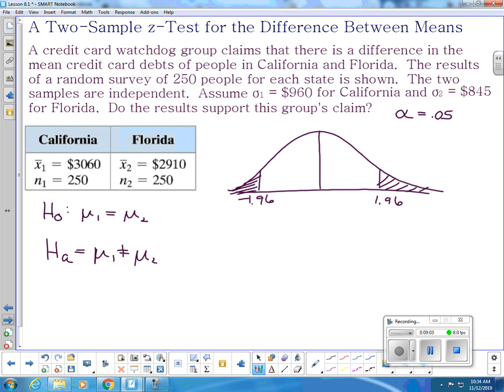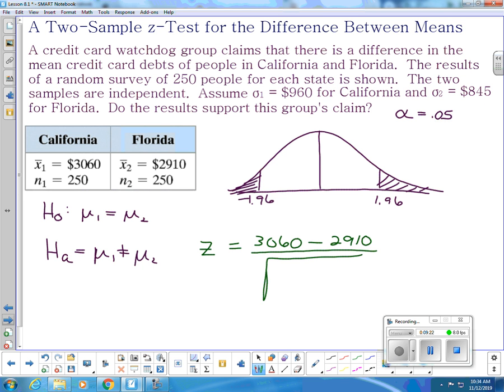Now we're going to find our z-score. So our statistic, you're going to have the first mean, which is 3,060 minus the second mean, minus 0. So I'm just going to skip that part.